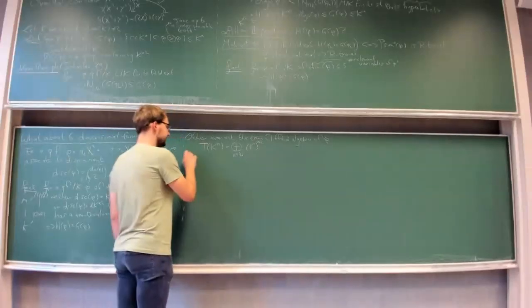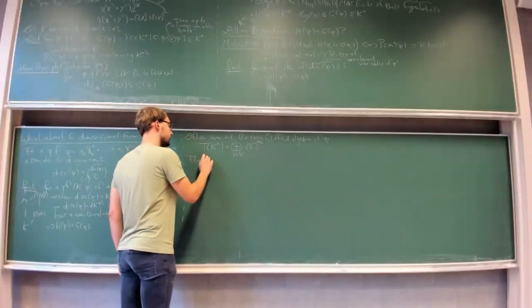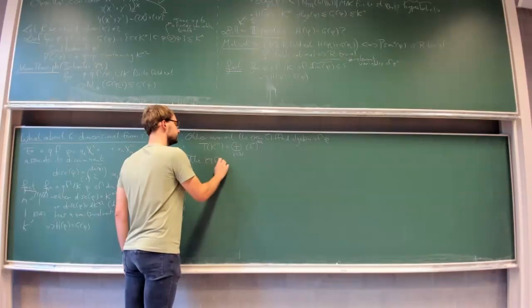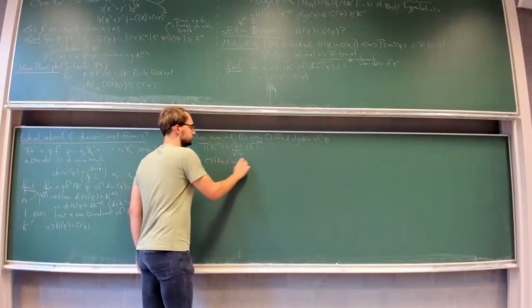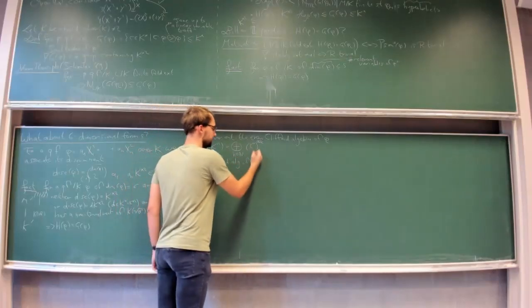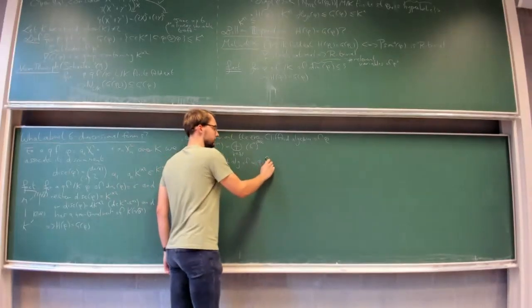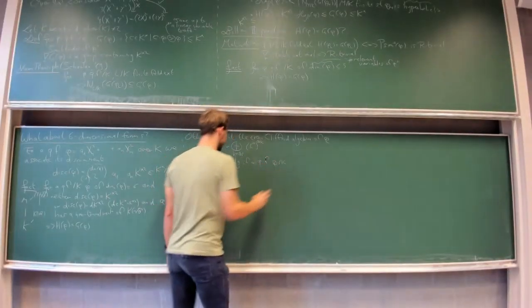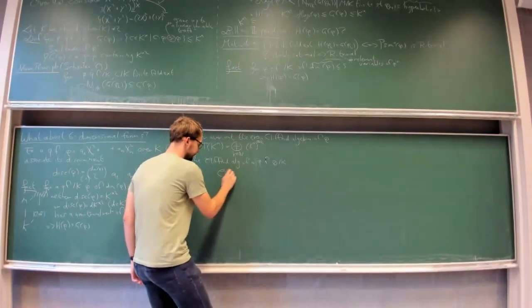Now one can define the Clifford algebra of the quadratic form phi over K in the following way.